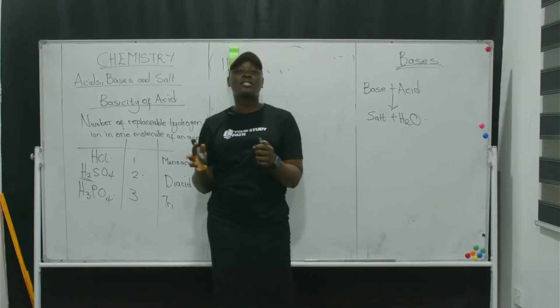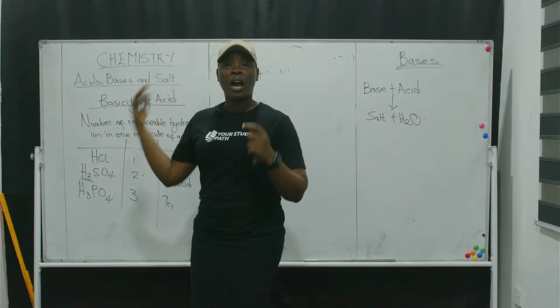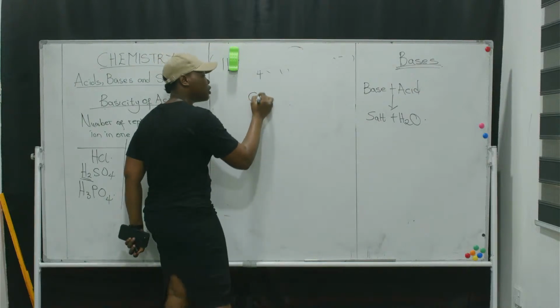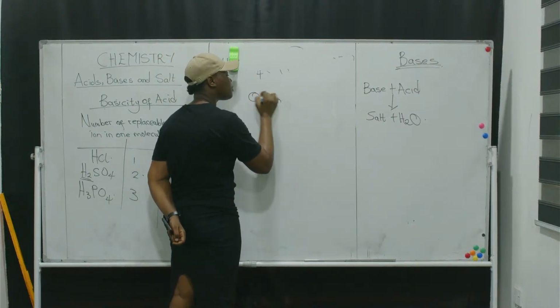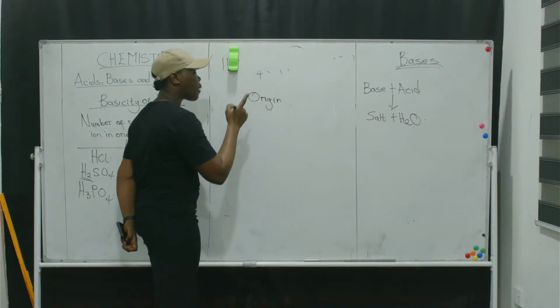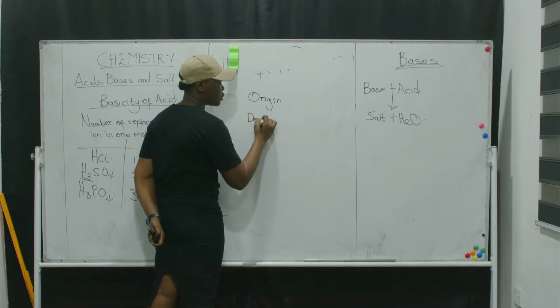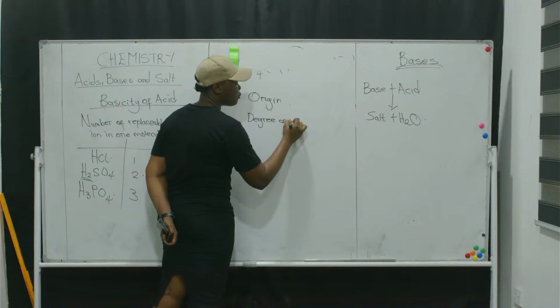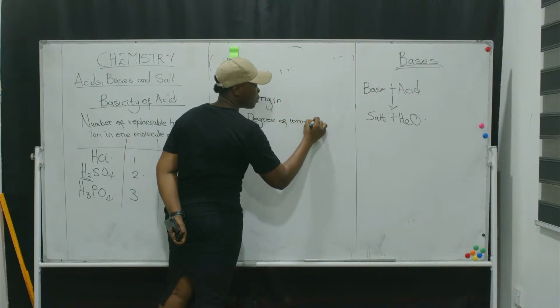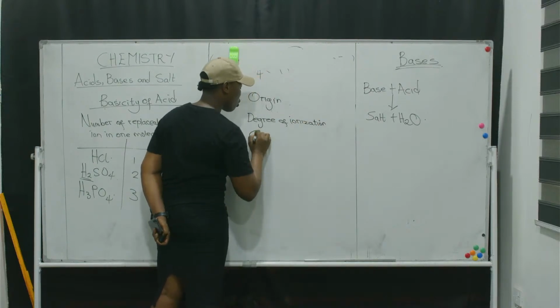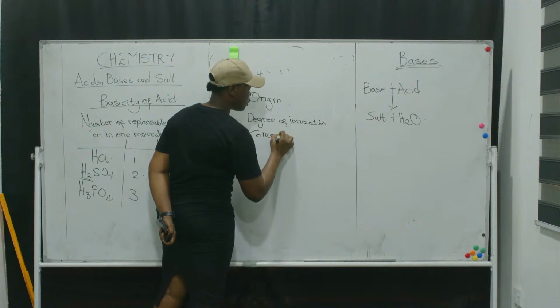Base also has a classification like that of acid, where we talked about origin, degree of dissociation or ionization, and also concentration.